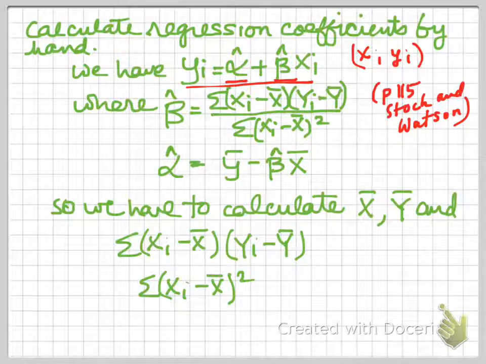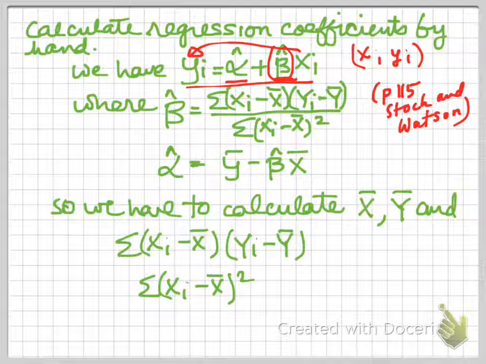The x is the explanatory variable, the y is the outcome variable, and the beta hat is how much x affects y. So it tells us how much a 1 unit change in the x variable leads to, if we're interpreting it in a causal framework, how much a 1 unit change in x leads to change in y. So that would be the slope, the parameter beta hat.